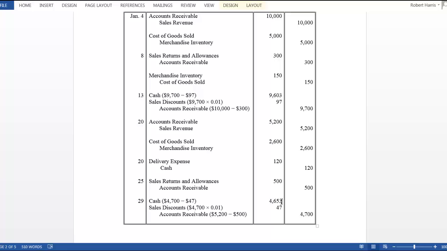We came up with that by saying, what do they owe us minus that discount? $4,700 times 1%. So they got a $47 discount. What this means is the cash that they sent us plus the discount that we gave them made the full amount of the accounts receivable go away. And once again, this is a contra revenue account as well.